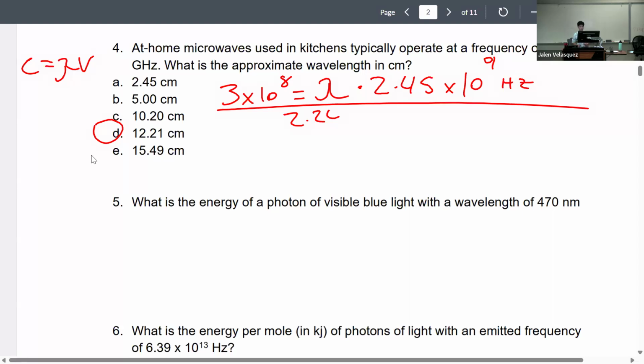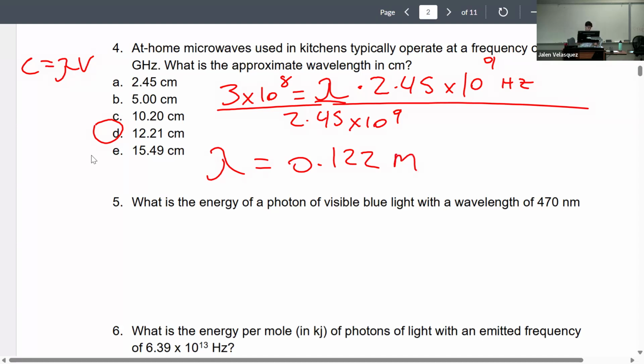Okay, anyways, we divide by the frequency, right? So 2.45 times 10 to the 9. So you get lambda, and you might have gotten 0.122, which is good, right? But remember lambda, it works out that it's in the SI unit, so it's in meters.